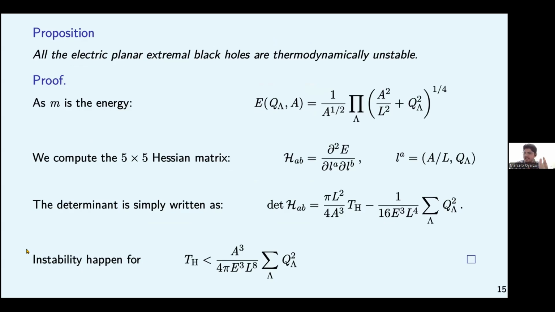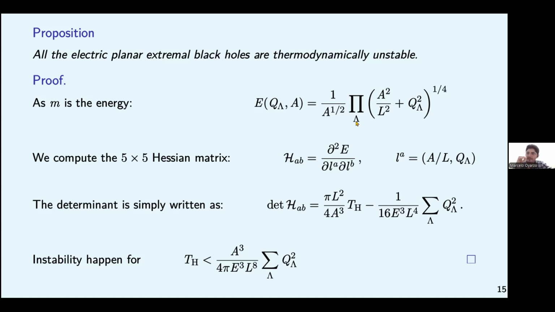You know that the energy is given by this expression that I didn't show you how it's derived, but it's true. Then you compute the second derivative with respect to all the parameters that you have, the horizon area and the electric charges. Then you get a 5x5 Hessian matrix. So in general you cannot find the eigenvalues in a closed manner, no?